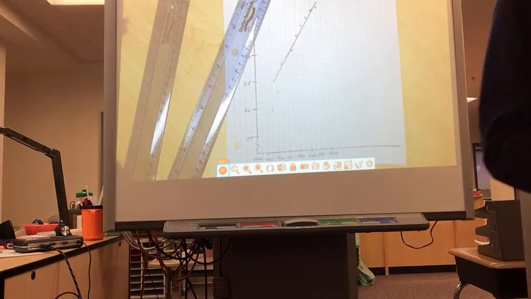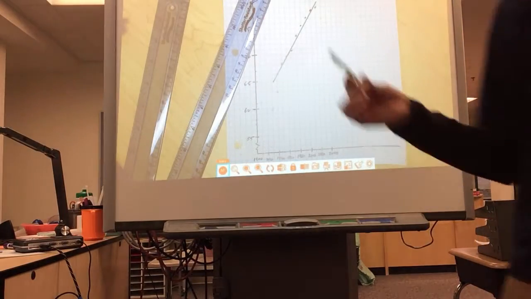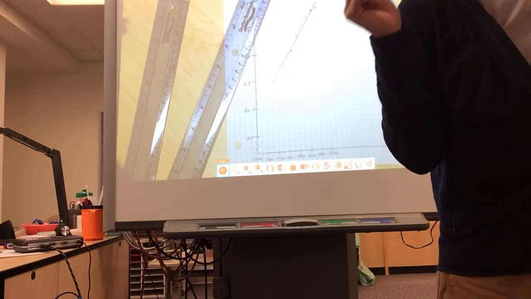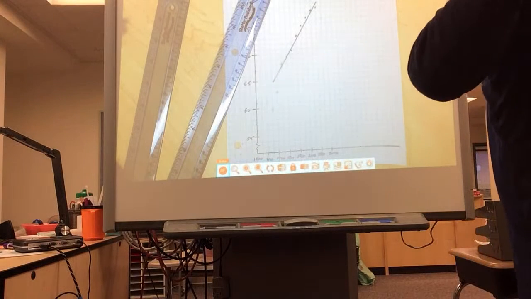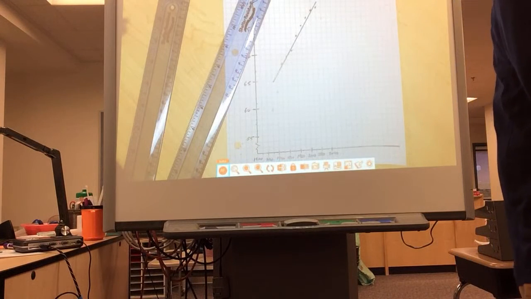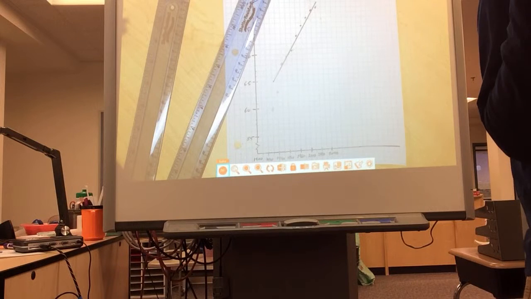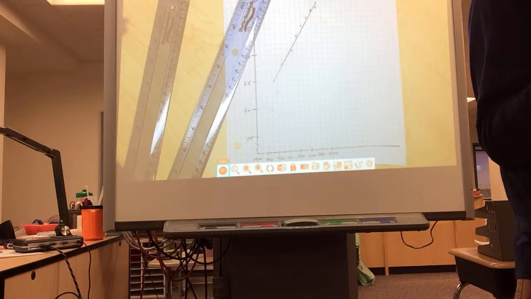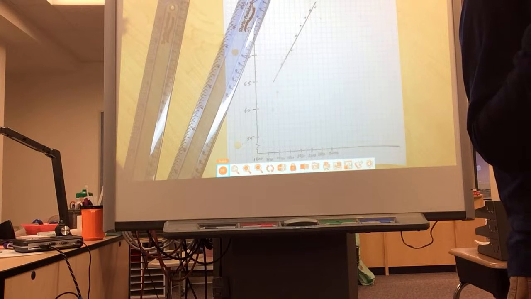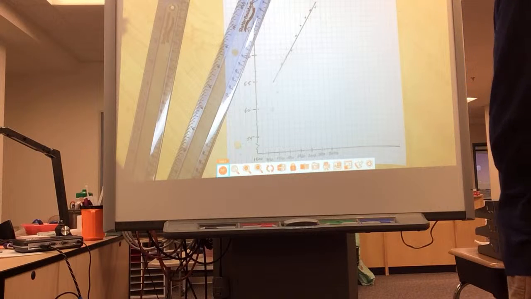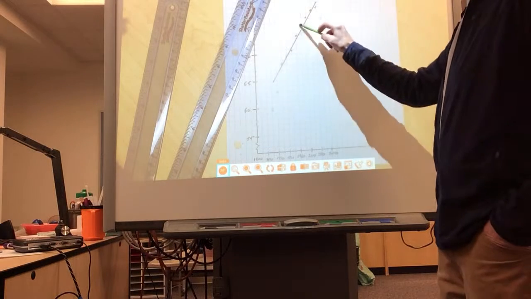But the key is, once you draw a line like this, we transition over and say the line is what we use for making predictions. The line is what we use for determining slope. We don't use the points any longer.